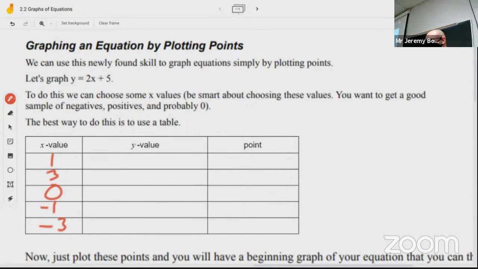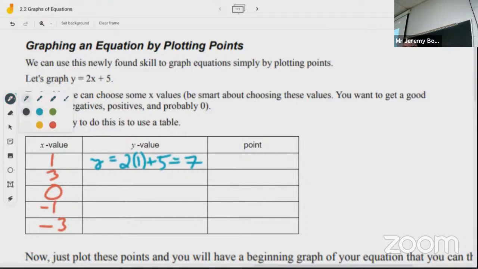there. So to figure out the y value, this one's already solved for y. That makes it pretty easy. So if we plug in a 1, we'll have y equal to 2 times 1 plus 5, which is going to be that. That's not bad. So that means that there's a point on our graph of our equation.